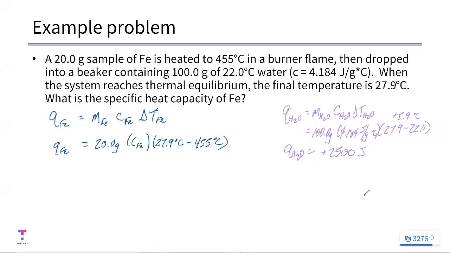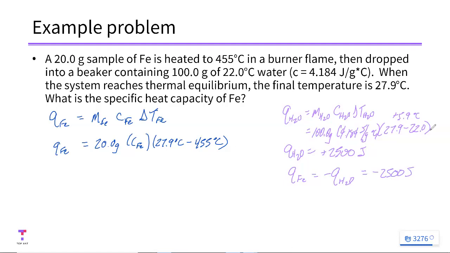So what's the relationship? Well, the heat of the iron must be opposite the heat of the water, which means that if this was positive 2,500 joules, this must be negative 2,500 joules.